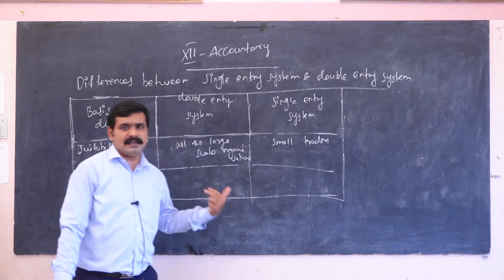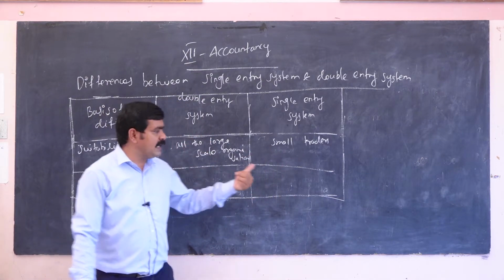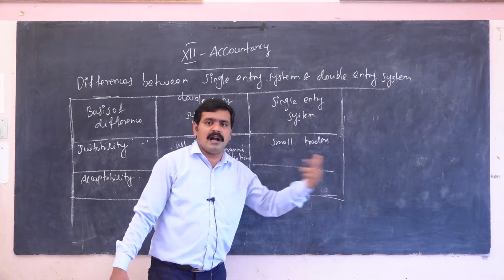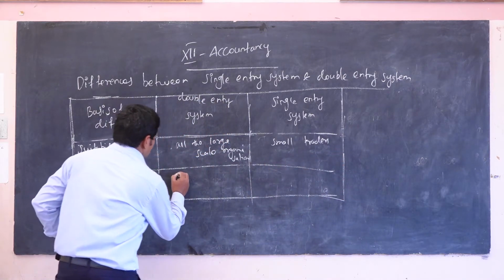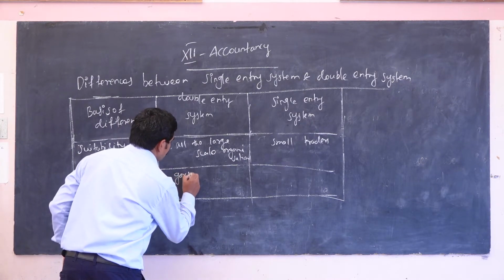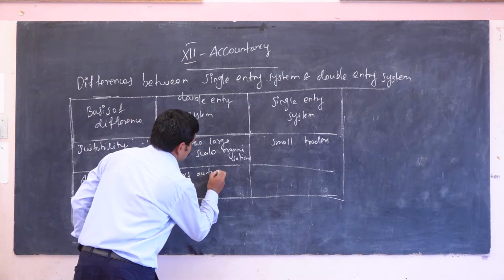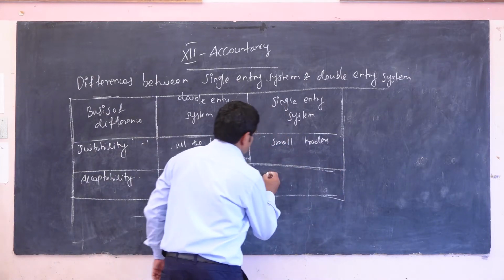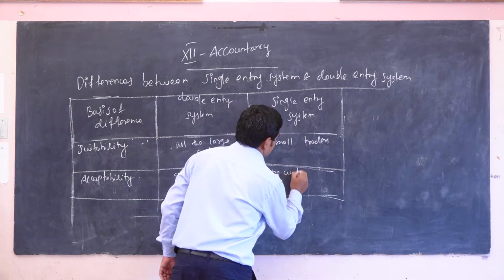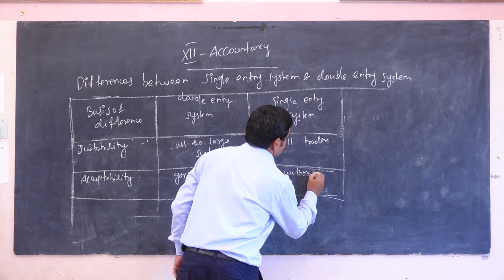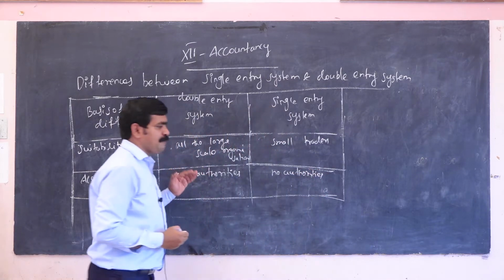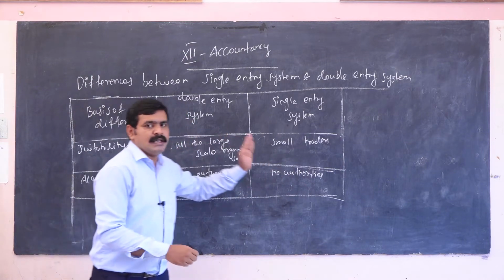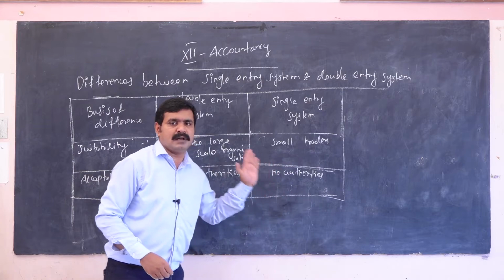But this is not suitable for audit. So the government authorities, here there are no authorities. Here the records are perfect, here the records are imperfect. That is a very important basis of difference.